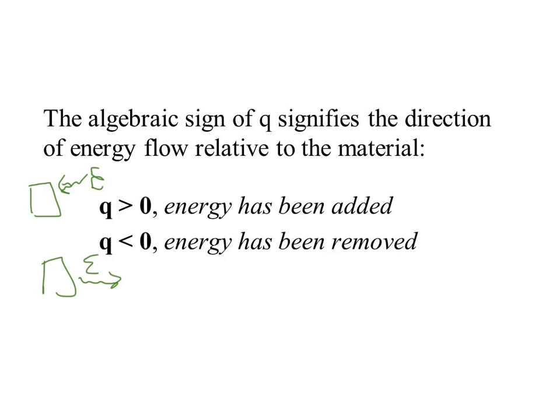Now the thing about thermodynamic problems is that, see that little E going in or that little E coming out? One of the things we're going to talk about more on Wednesday is that it can't just come from nowhere, and it doesn't just go to nowhere. The conservation of energy, it needs to be tracked somehow.